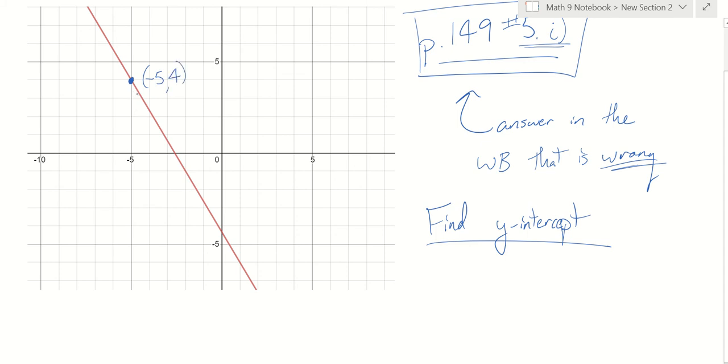Then let's keep going down. Here is another spot where this line clearly crosses at integer coordinates, at an intersection of grid lines, so it has integer coordinates at -2 and -1.